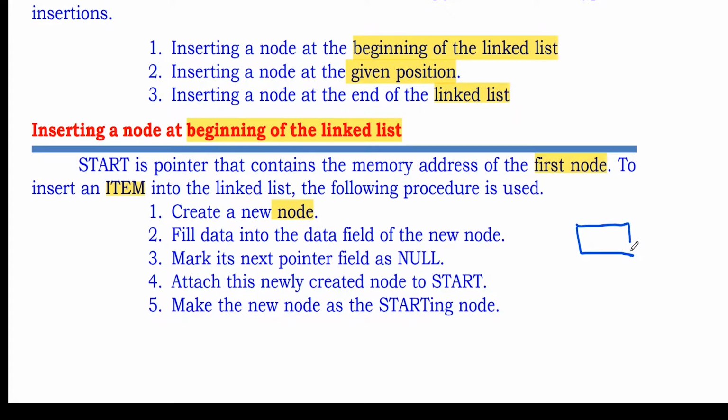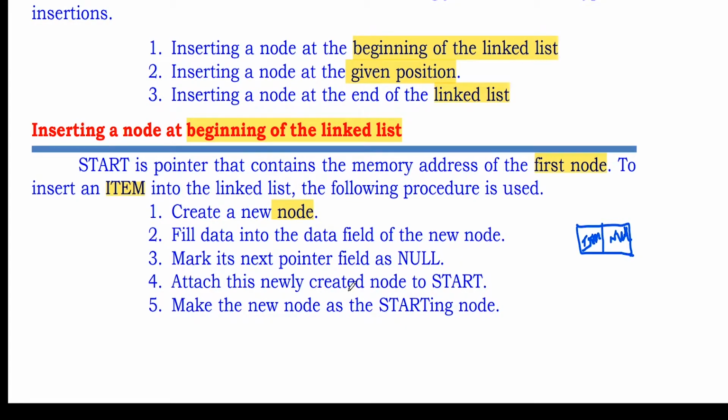First create a new node. The second step, fill the data into the new node, that is, the item, and make its link a null. This is the step of creating the node.